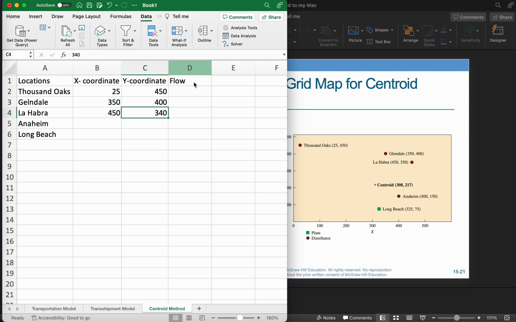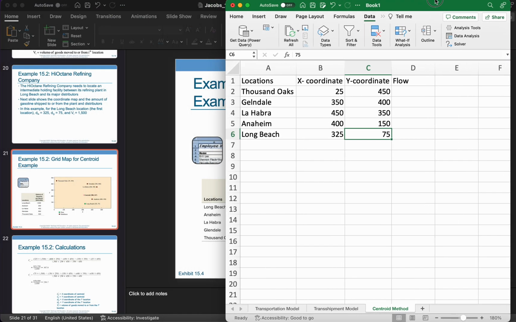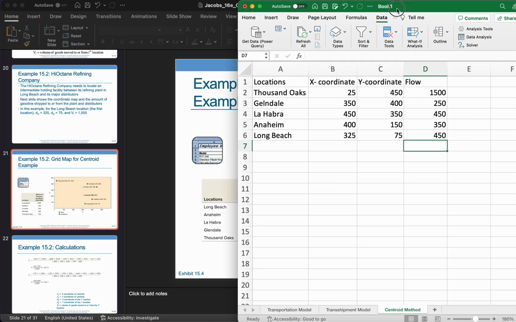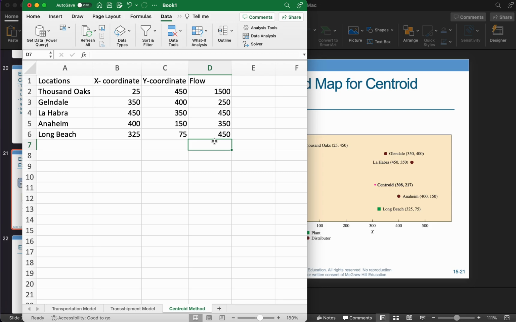Anaheim is 400, 150. Long Beach is 325, 75. Let's look at the flow: 1500, 250, 450, 350, and 450. With this, we can find the centroid.